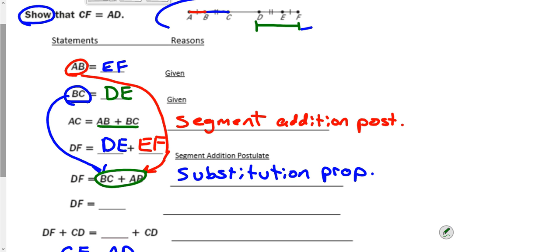Right up here. And it equals AC. So we're saying DF equals BC plus AB, and BC plus AB equals AC, then DF equals AC.